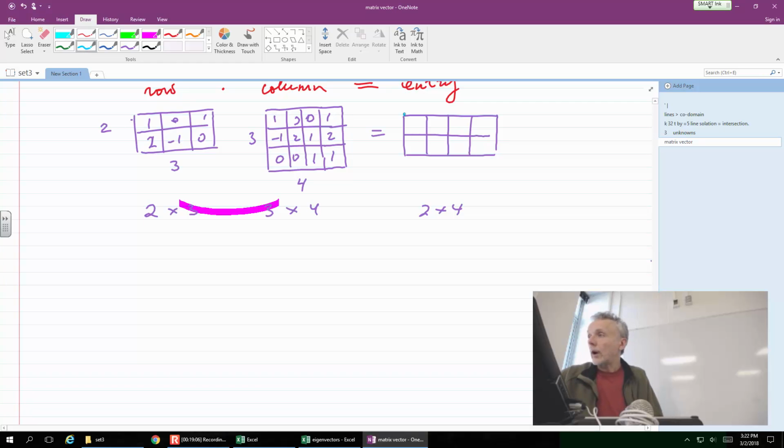For this entry, this entry is first row, first column in the resulting matrix. What does it mean? It means that I will be taking the first row, first column from the other two matrices. So first row, first column.